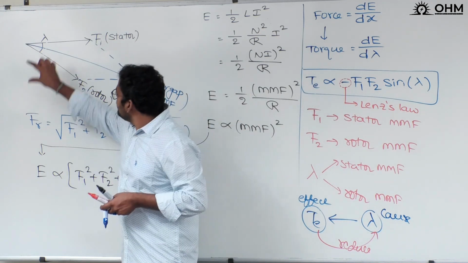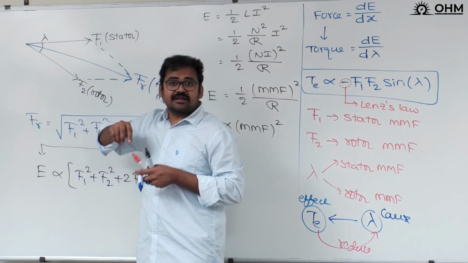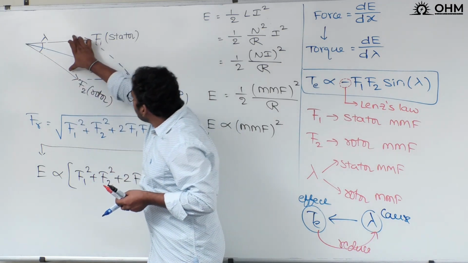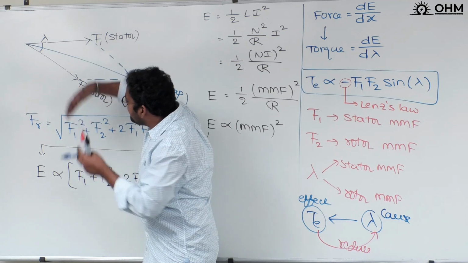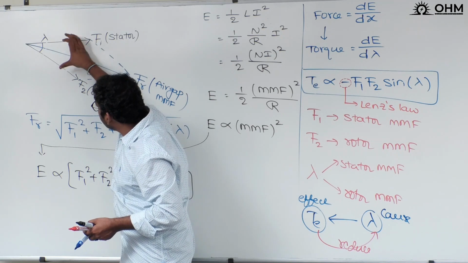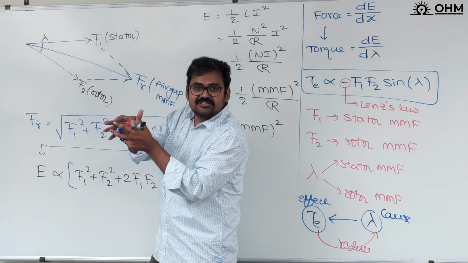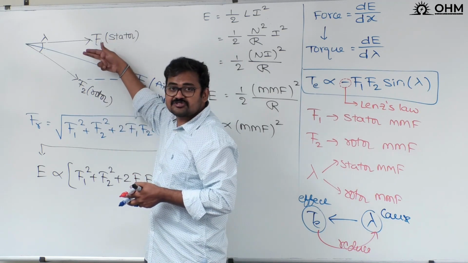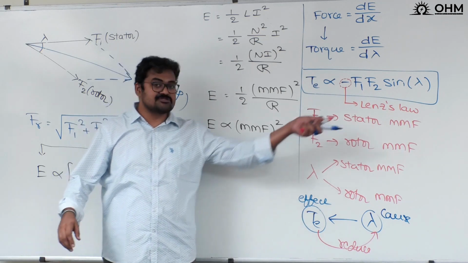The torque is always trying to reduce this lambda, which means electromagnetic torque is indirectly trying to align these two fields with each other, or trying to make them go away from each other? Yes, reducing lambda means these two fields are trying to align with each other. They want to align because of the attractive force, but they will never align. In case they align, torque becomes 0.